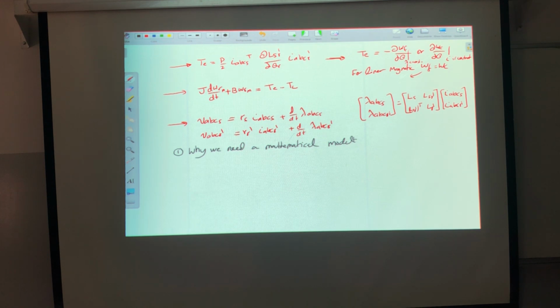So I need my model to be simple yet accurate enough to capture the main feature of the physical system. I don't need to capture something that I'm neglecting. I need only the main feature.